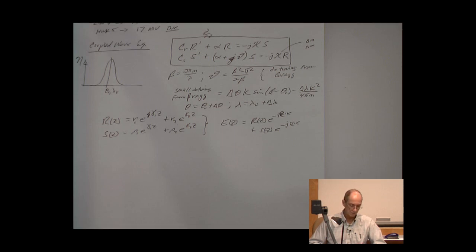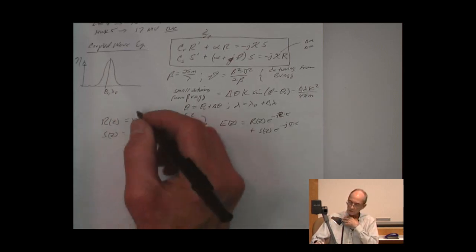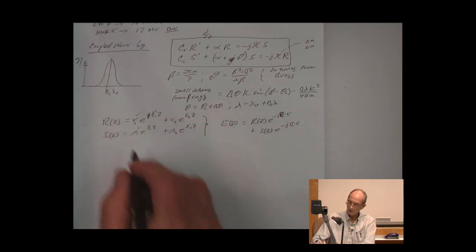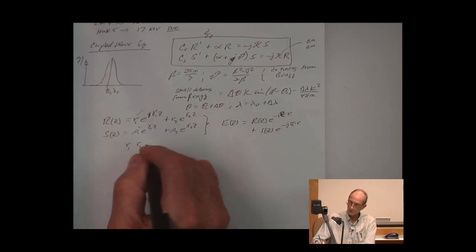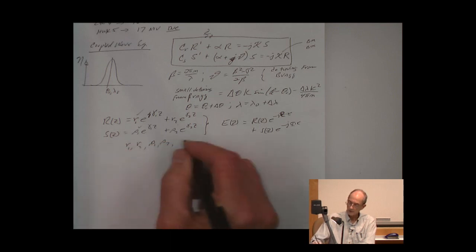Okay, and so in solving this, our steps are to solve for what these constants are. So we have R1, R2, S1, S2, and gamma 1, gamma 2.